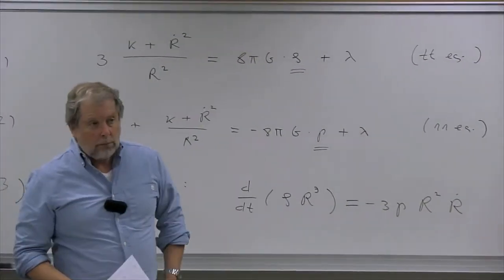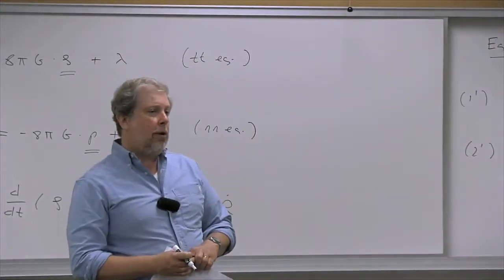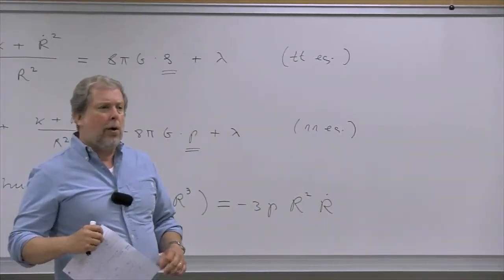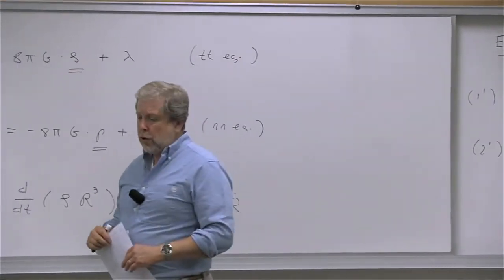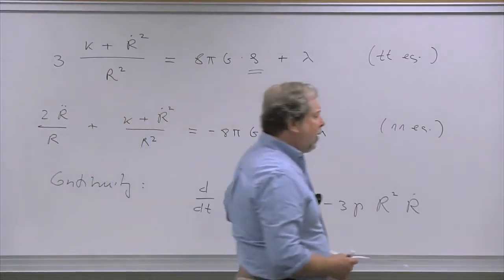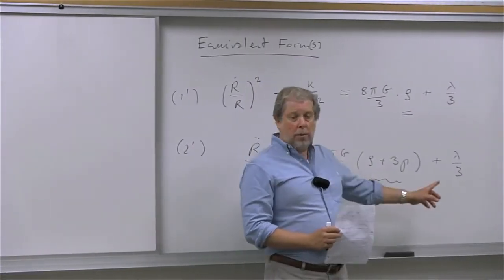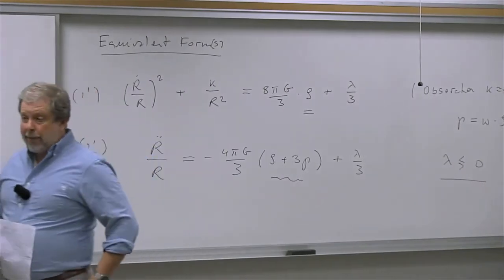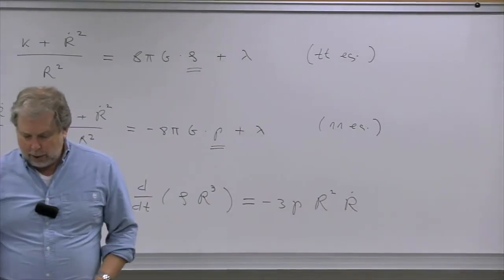Because you remember that lambda was a term that you could add to the field equations, right? But nobody said at that stage that you should pick one sign or another, right? Lambda has to be a number in order for the equations to be generally covariant, right? But it doesn't have to have a specific sign, right? So it could be either sign, but if lambda, of course, is positive, then these two terms will be competing, right? You have a negative one and a positive one, right? The current evidence is, in fact, that lambda is positive.